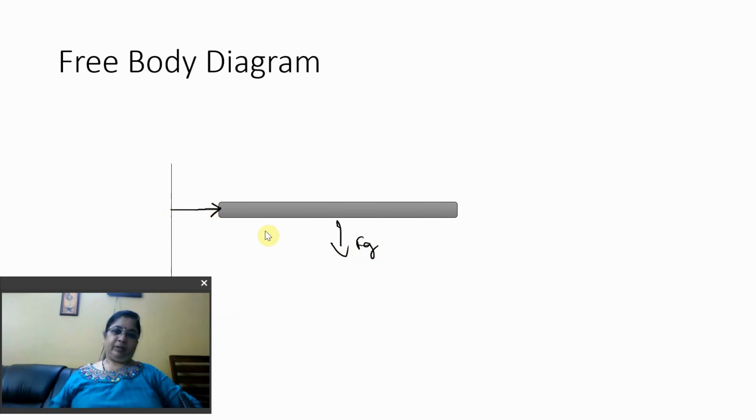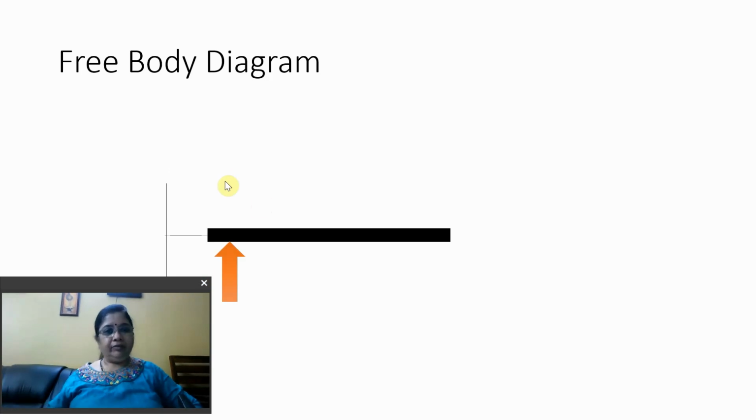This can vibrate this way, but this plank is not allowed to move this way or this way. And if there is a support here, suppose this same plank has a support here, apart from a force here, you will also have a force here which is acting upwards, counteracting this force due to gravity.